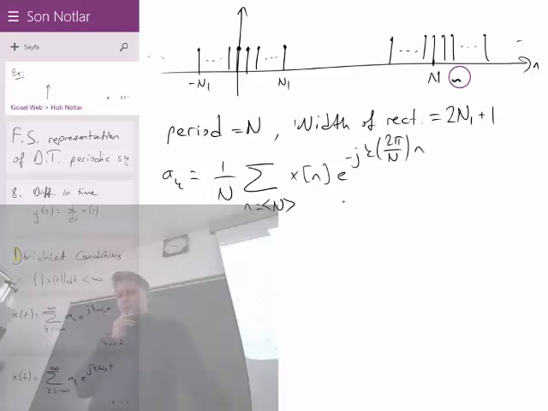Okay, this was the formula. As you see in this formula, if you're using n as a running index, the result will be in terms of k. It will not be in terms of n.